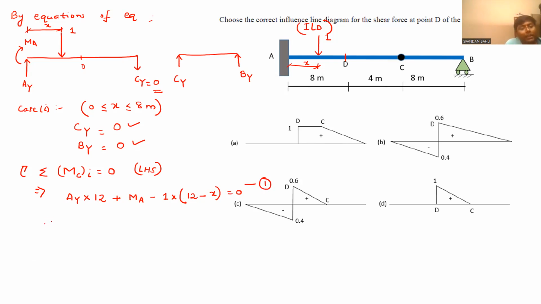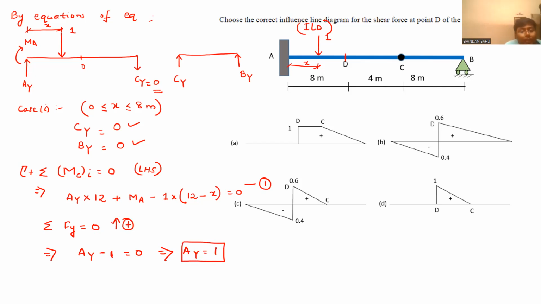Similarly, again we can write summation of force along y direction equal to 0, and vertically upward I am writing it positive. So AY minus 1 will be equal to 0. There is no vertical reaction apart from these two. So AY we are getting 1 directly.